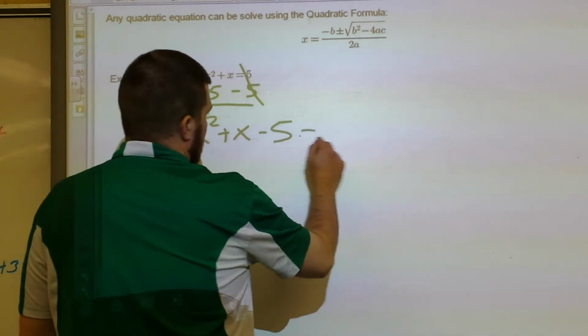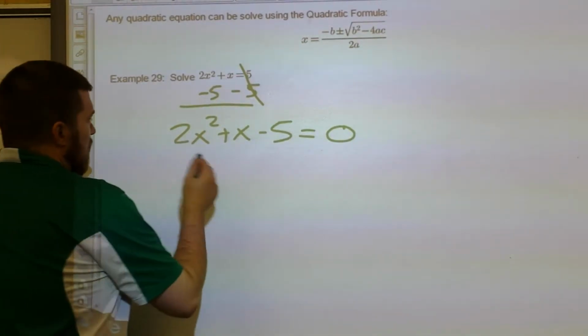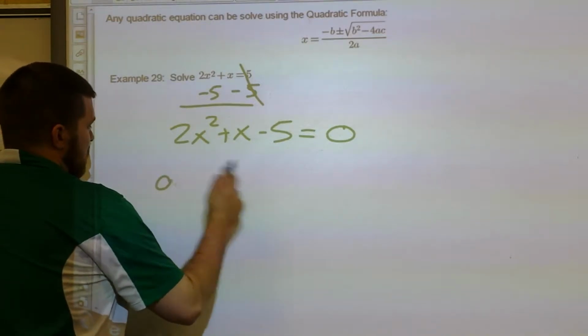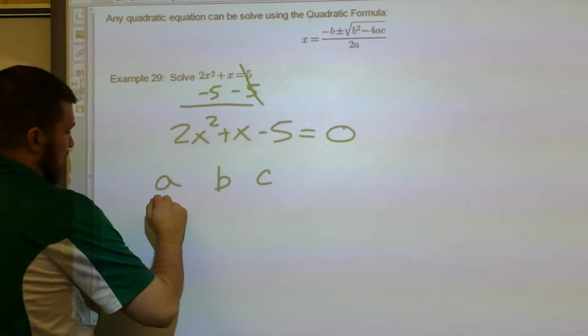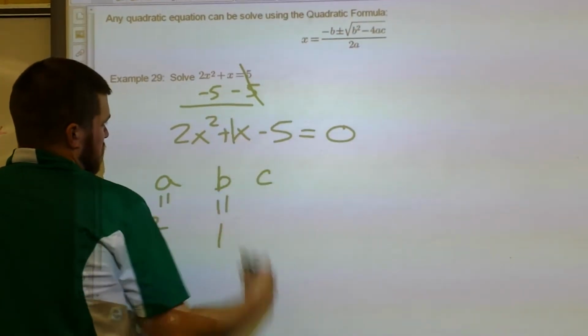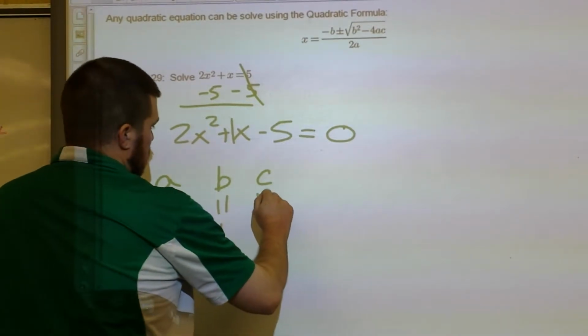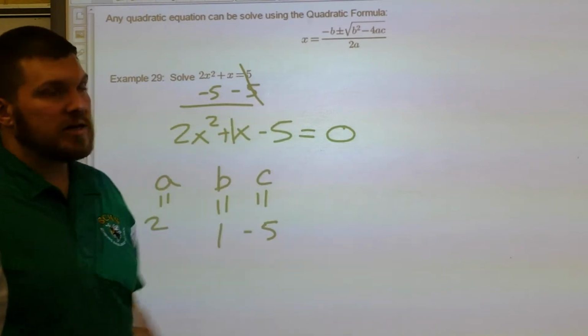This is now going to be equal to 0. As soon as you have that, you're good to go. My first number is a, my middle number is b, my last number is c. So that means a equals 2, b equals 1, because there's an understood 1 in front of the x, and c equals negative 5.